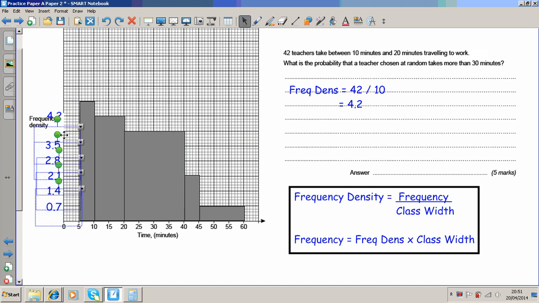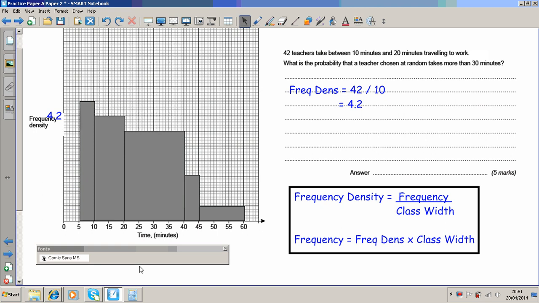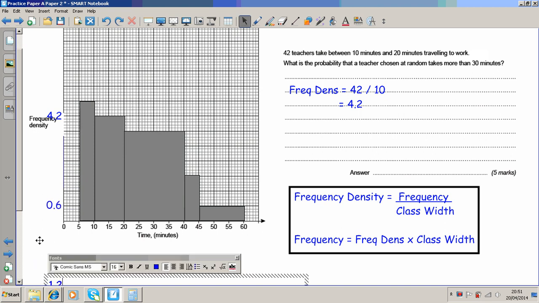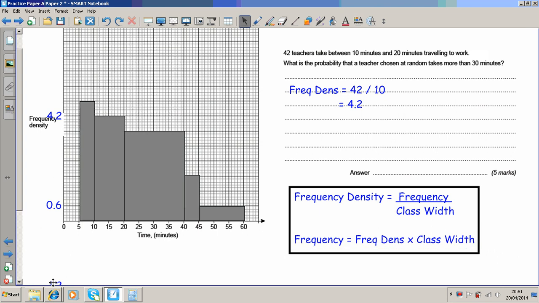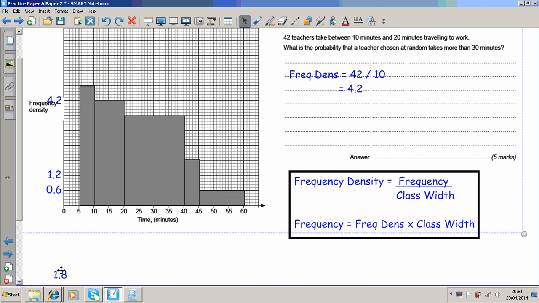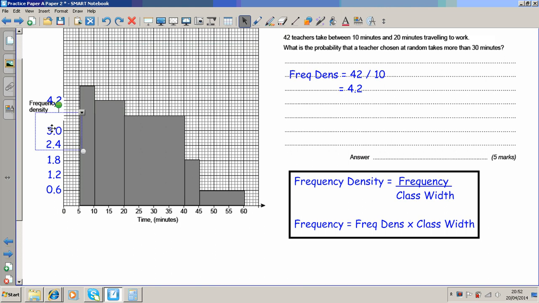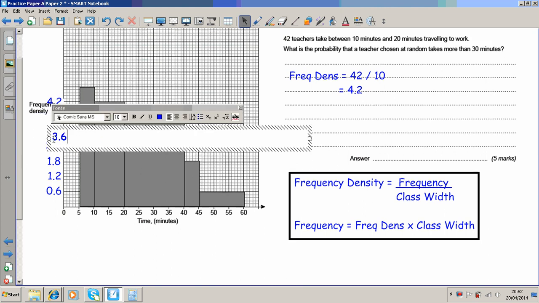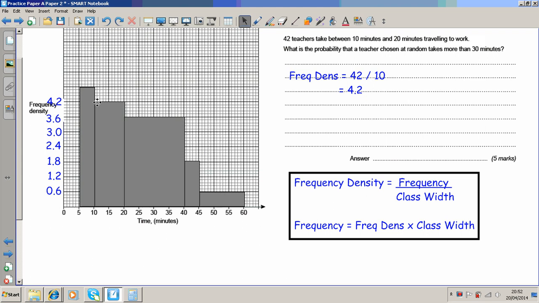Not concentrating. 1, 2, 3, 4, 5, 6, 7. 4.2 divided by 7 is 0.6, so 0.6 will be your first one, and then we're going up in 0.6. So 1.2, 1.8, 2.4, 3.0, 3.6, 4.2, and 4.8.